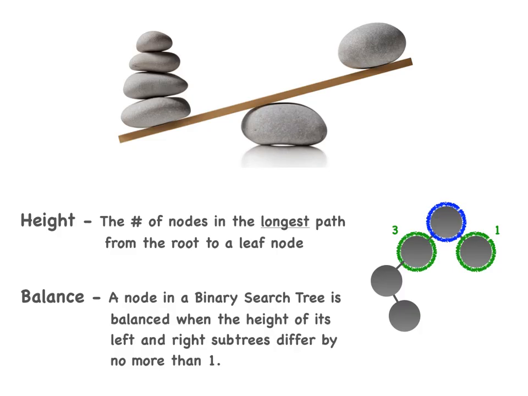So in this case, the tree is unbalanced. Then let's say I add another node to the right side. In this case, the height of the left subtree is still 3, but the height of the right subtree is now 2, giving me a height difference of just 1, making this tree balanced.